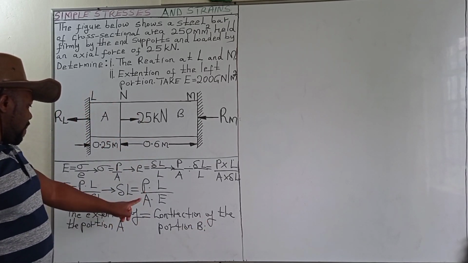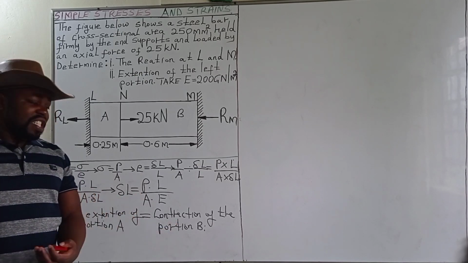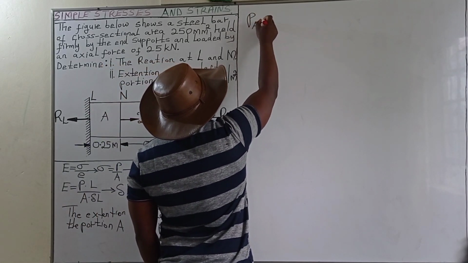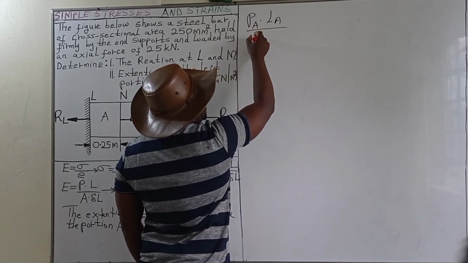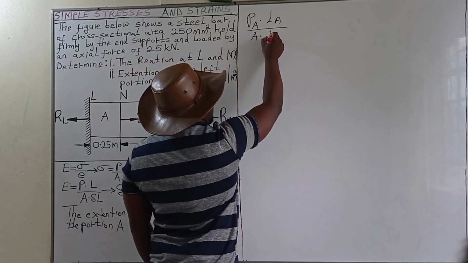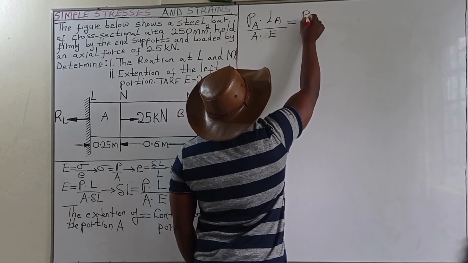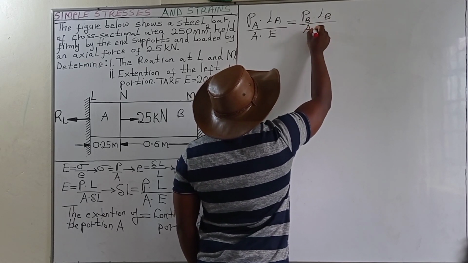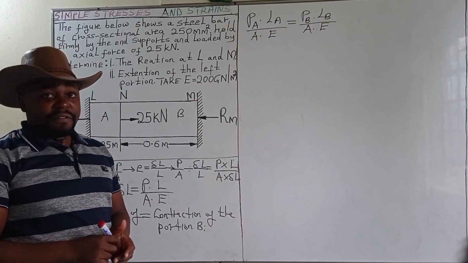Now, applying this changing length, extension is changing length, contraction is also changing length. So we can say that the load subjected to portion A times the length of the portion A divided by cross-sectional area of the steel bar times the Young's modulus of elasticity of steel is equivalent to the load subjected on the portion B times the length of the portion B divided by cross-sectional area of the steel bar times the Young's modulus of elasticity of steel.